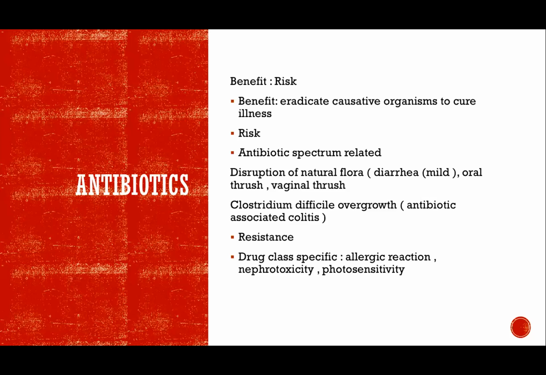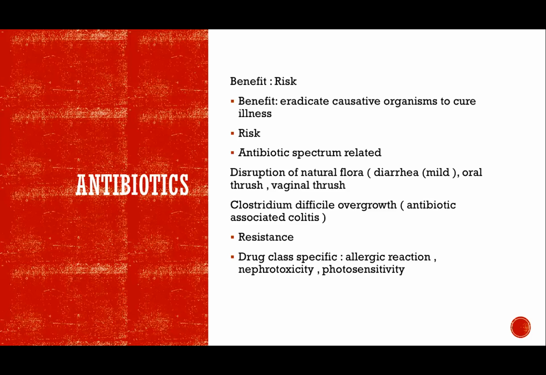Disturbing the natural flora in the gastrointestinal tract produces mild diarrhea and can go on to produce more severe diarrhea, cause antibiotic associated colitis, and cause overgrowth of Clostridium difficile. The disturbance of natural flora is predictable for the broader antibiotic spectrum, and it is more likely for patients who take a longer course.